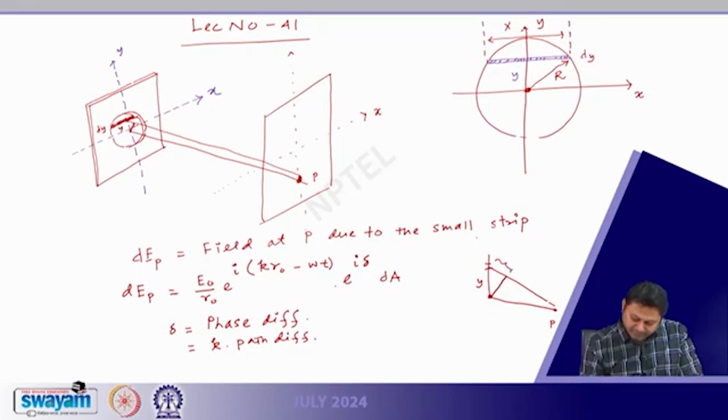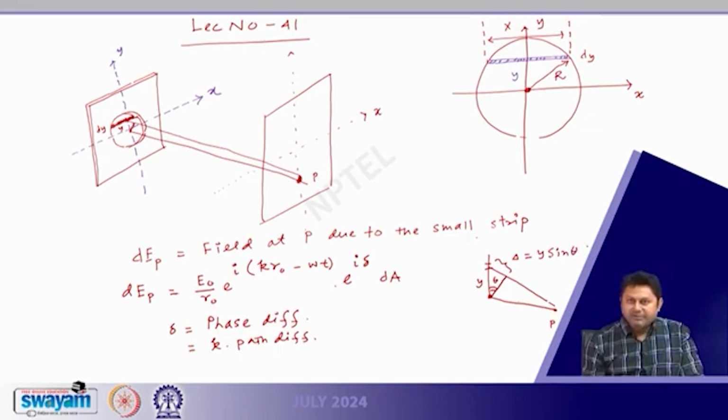If it is y and this angle is theta, then the path difference will be y sin theta, which we already calculated earlier.